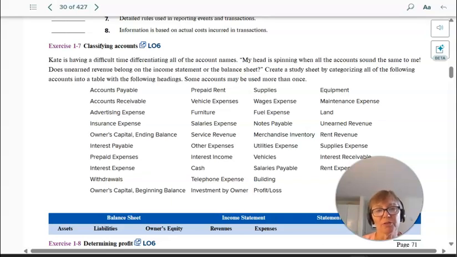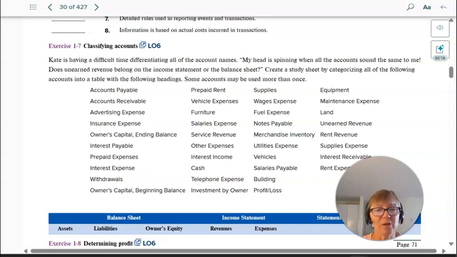So what we're going to do first is I'm going to go through each of the account names, and then from there I will show you how they fill in the chart. And then you can either pause the video and look at the chart, or you can go into the solution that I also provided on the Brightspace page and look at the chart there. It's entirely up to you.